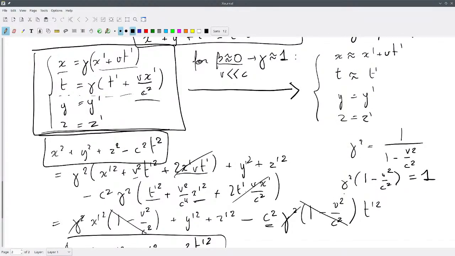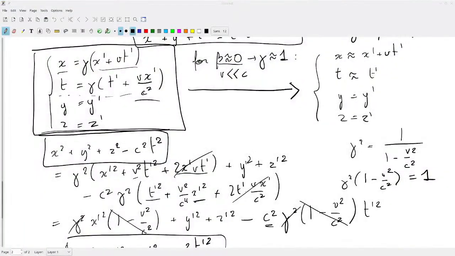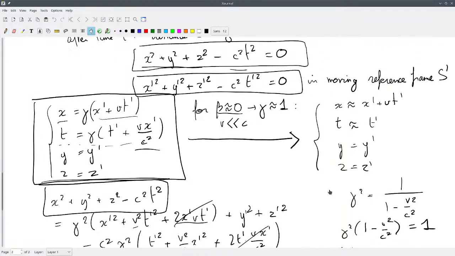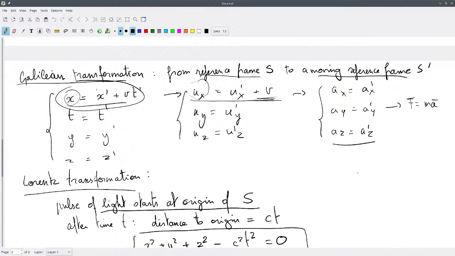And now, of course, we can go to the next step. It's a little bit more complicated in this case, but we can turn this into a transformation of velocities. So remember that in the case of the Galilean transformation, we just take the derivative d/dt, right? And d/dt is equal to d/dt prime.